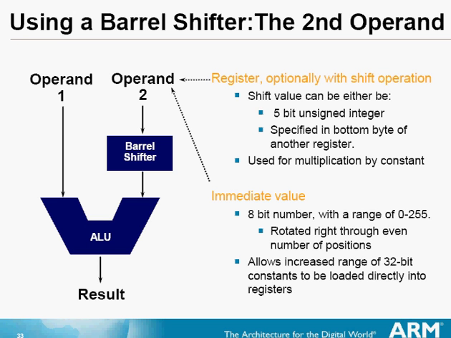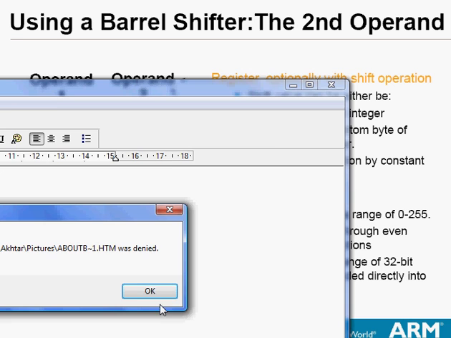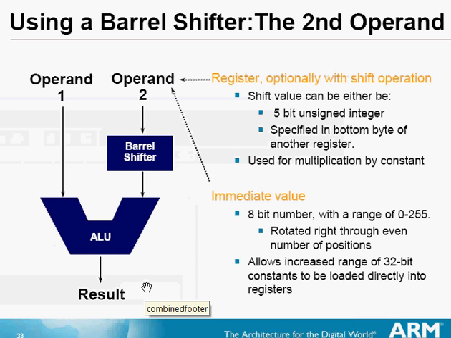So what is the barrel shifter? The ARM actually does not have actual shift instructions. Instead, it has a barrel shifter, which provides a mechanism to carry out shifts as part of other instructions. So what operations does the barrel shift support?